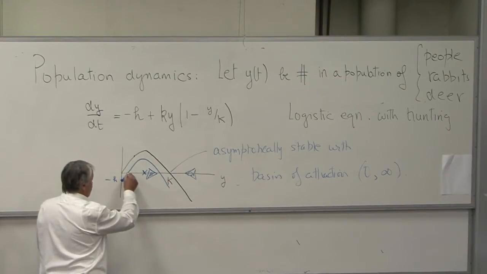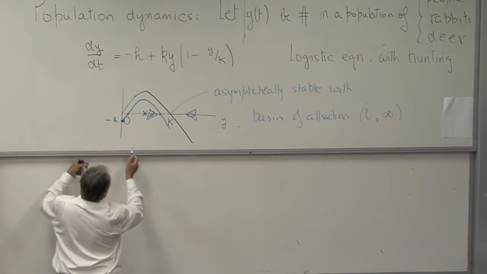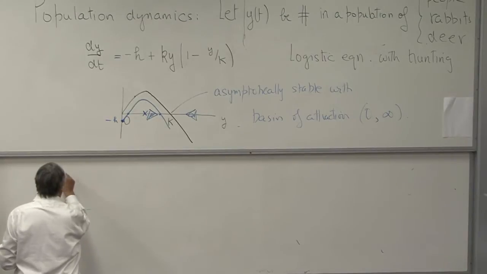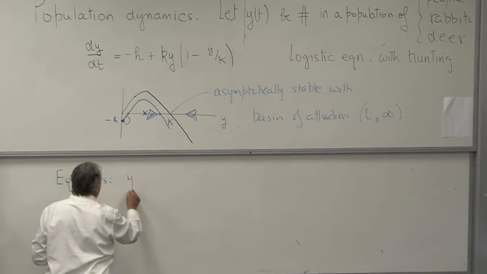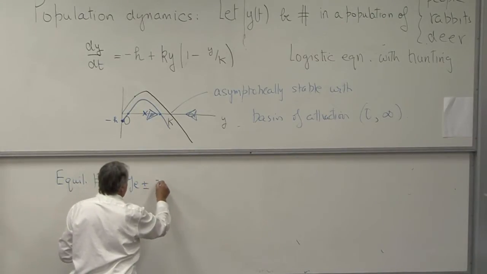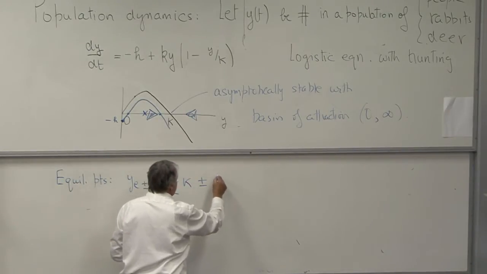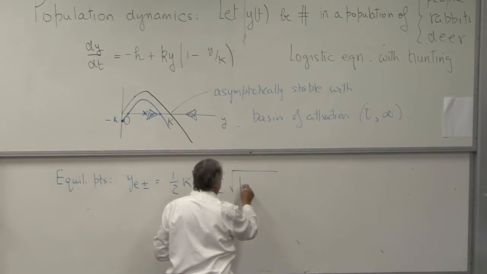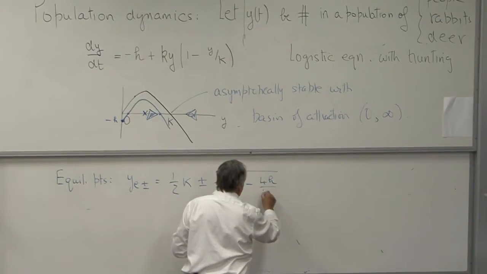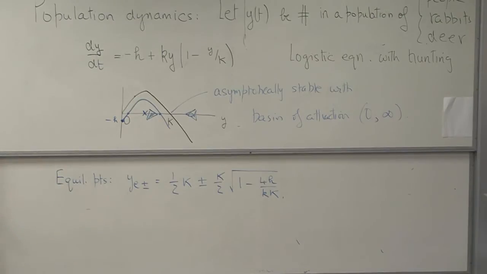Now these 2 equilibrium points are y_e plus and minus. They're a half K, capital K, plus or minus a half times K, square root of 1 minus 4h over k, times K. Did I need to be a genius to get that? Not at all. It's solving the quadratic equation.